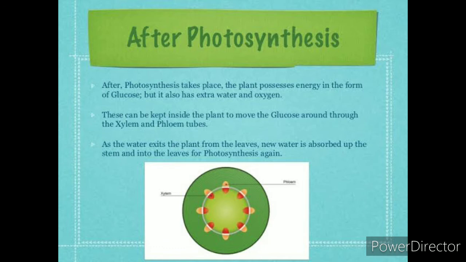As the water exits the plant from the leaves by the process called transpiration, new water will be absorbed by the stem and into the leaves for photosynthesis again.